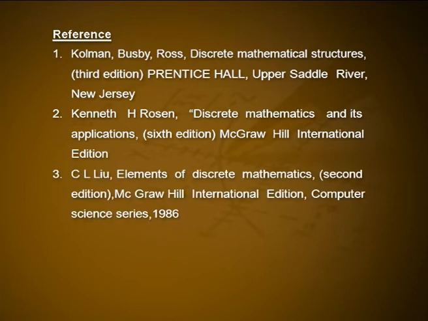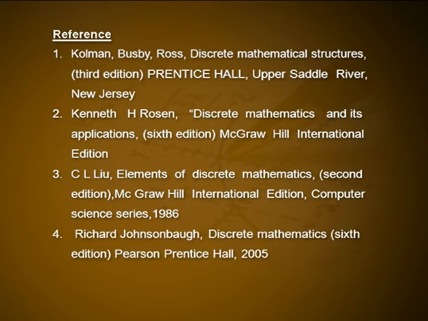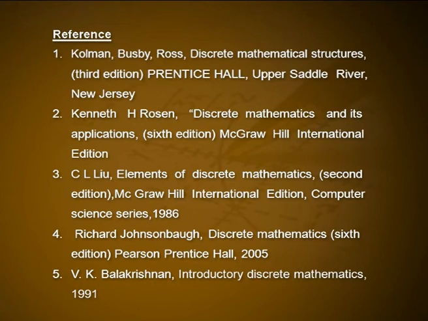Third one, Elements of Discrete Mathematics, 2nd edition by C. L. Liu by McGraw-Hill International Edition, Computer Science Series, 1986. Fourth one, Discrete Mathematics by Richard Johnsonbaugh by Pearson Prentice Hall in 2005. Fifth one, Introductory Discrete Mathematics by V. K. Balakrishnan in 1991.